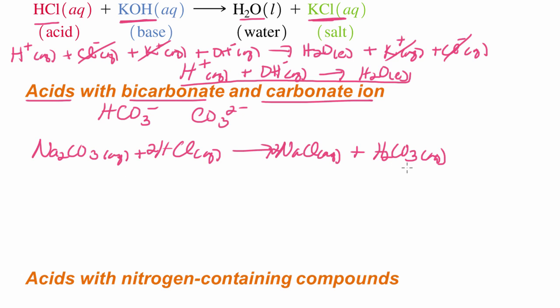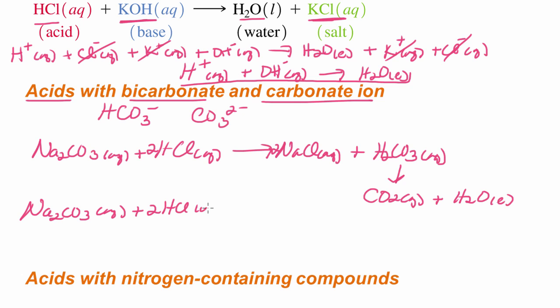So here's the thing. Carbonic acid is not very stable, and it decomposes to carbon dioxide and water. So I can rewrite this equation then as sodium carbonate plus 2 hydrochloric acids to produce sodium chloride plus carbon dioxide and water.